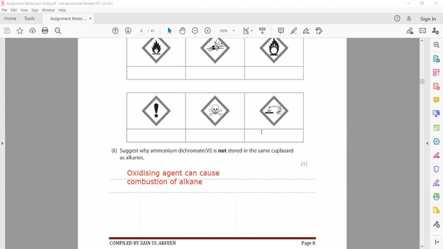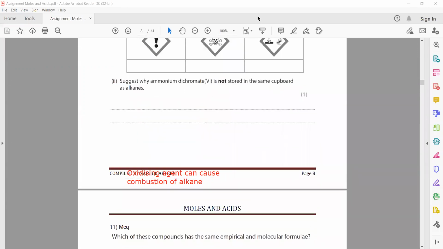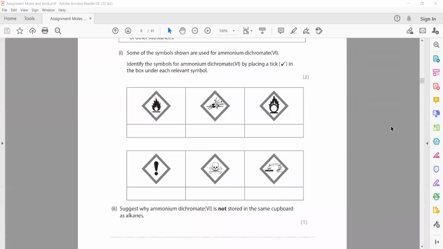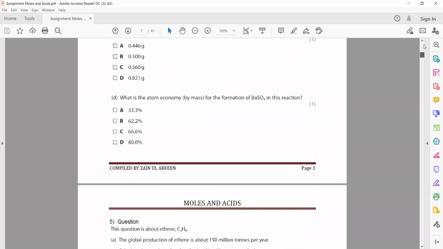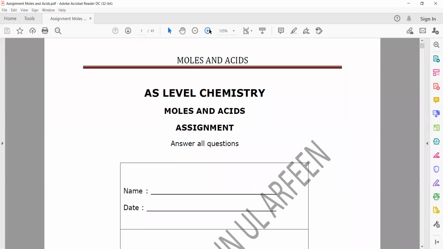So it is an oxidizing agent, and it can cause combustion of alkanes.